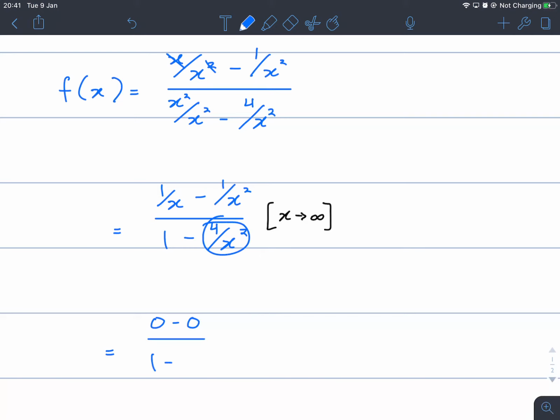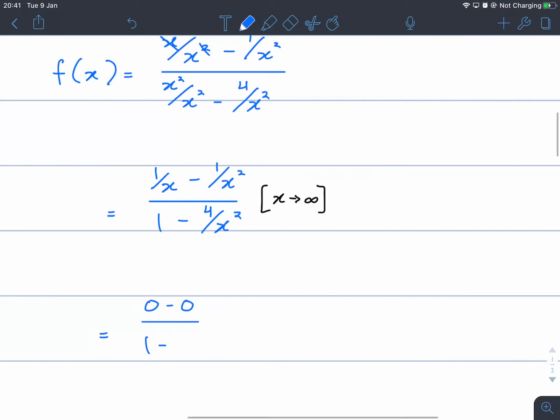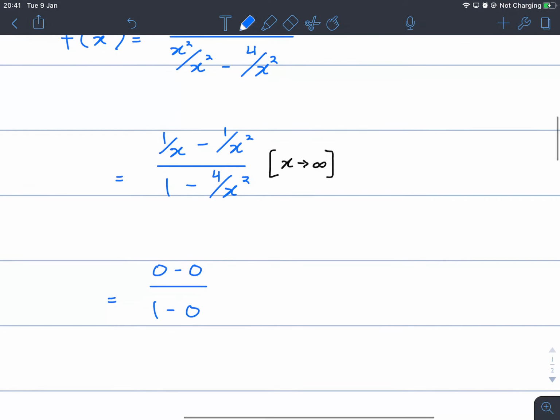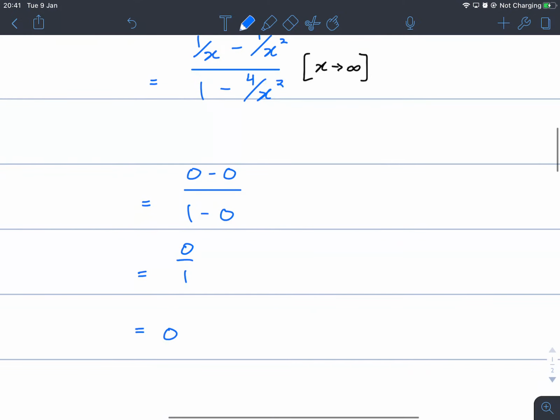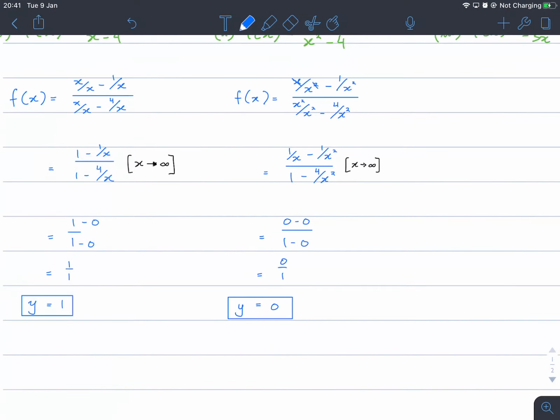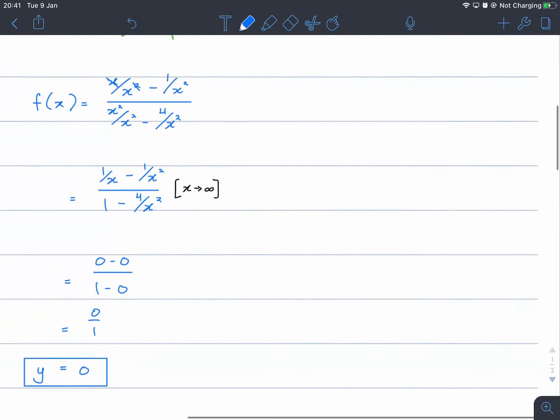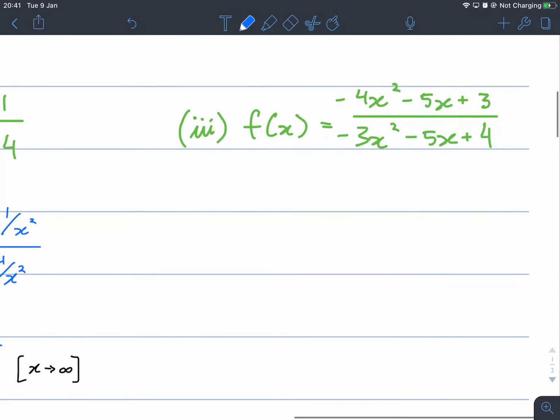Minus 4 divided by a very large number is also 0. This ultimately will result in us 0 over 1, and that just evaluates to 0. So our horizontal asymptote is at y equals 0. Once again, we're going to take a look at what this might look like when we graph these functions. Let's move on to the last example here.